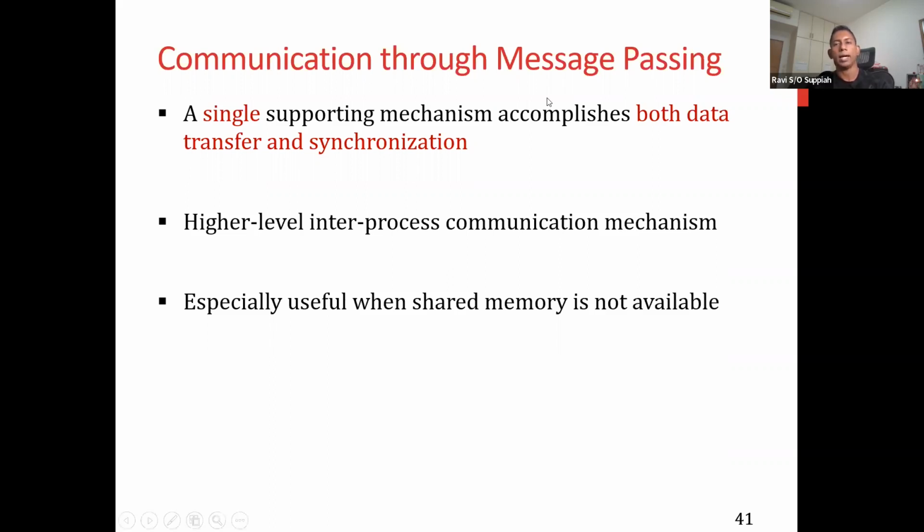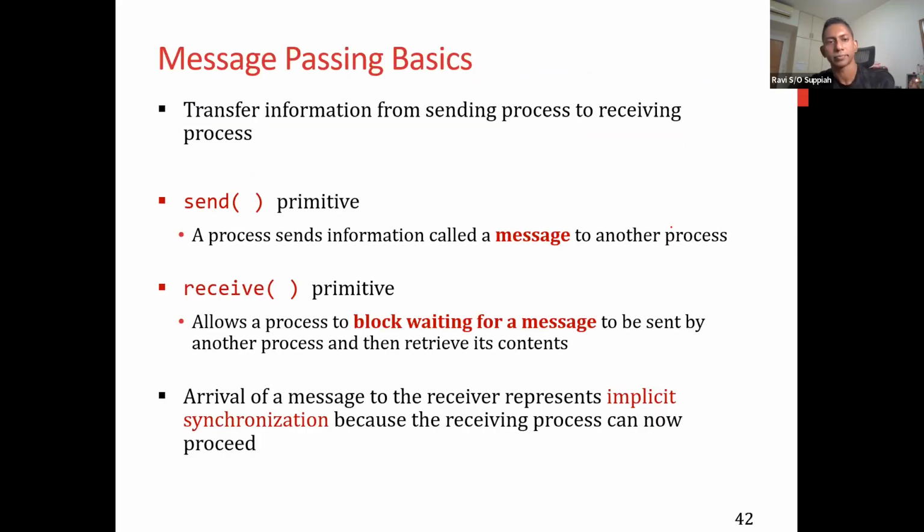With message passing, you're doing two things at the same time. One is the transfer of data, and at the same time I'm also able to synchronize. This is a very useful way of accomplishing both tasks together, data transfer and synchronization.